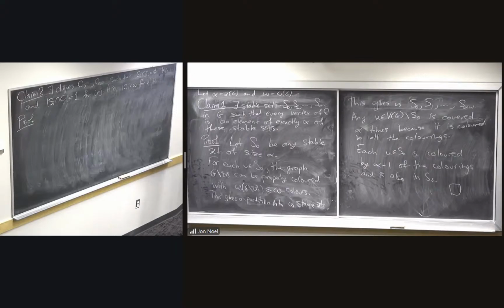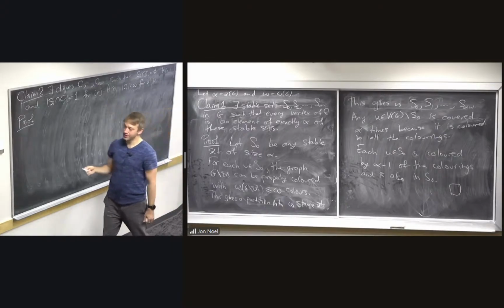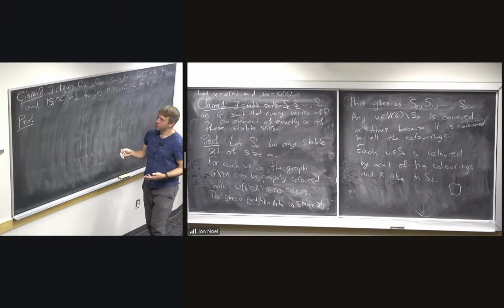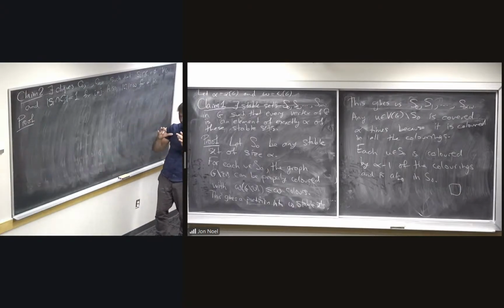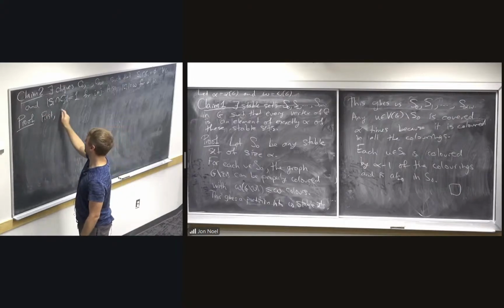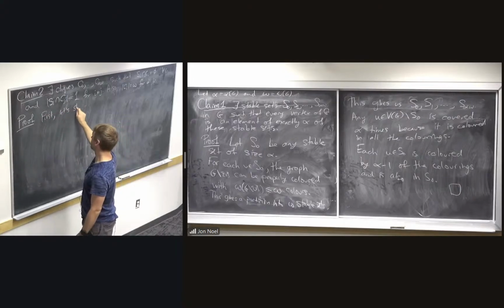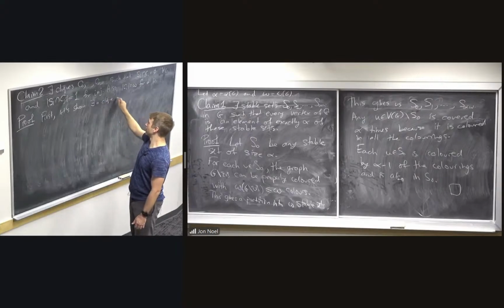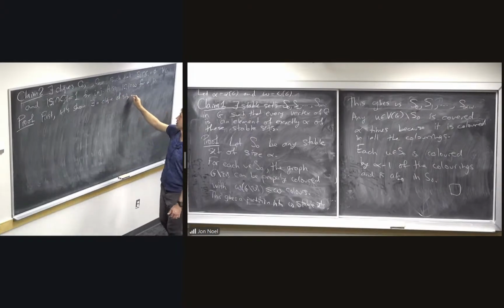Actually, the key to this is to observe that for any of the S_I, there is a clique of size omega that's disjoint from S_I. So first, let's show that there exists a clique of size omega disjoint from S_I.